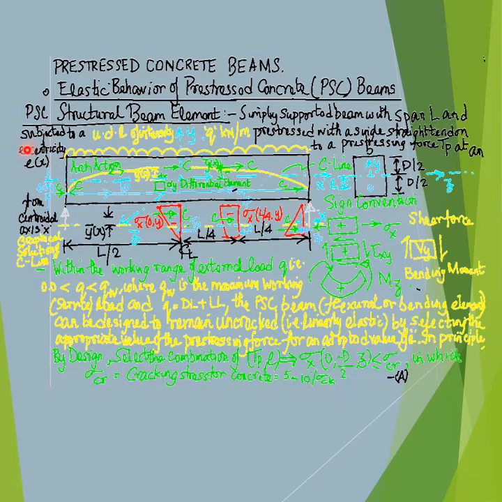Therefore, the eccentricity function, that is the function that describes the eccentricity of the pre-stressing tendon or the pre-stressing cable with respect to the centroidal axis of the simply supported beam and its prismatic rectangular cross section, is a constant, since the simply supported beam is provided with a straight tendon.